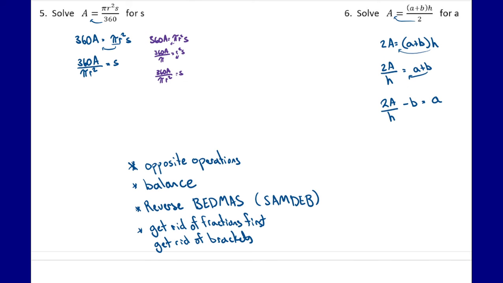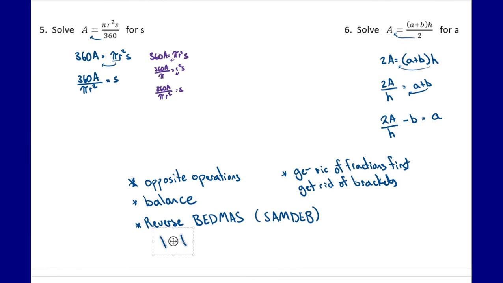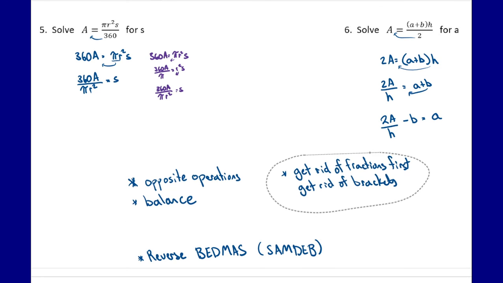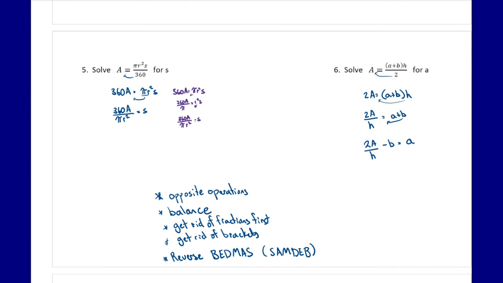So actually, let's move this just so we don't get confused. So we look to get rid of fractions first, then we look to get rid of brackets, and then we use reverse BEDMAS to help us from there.